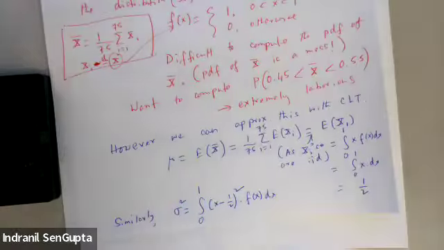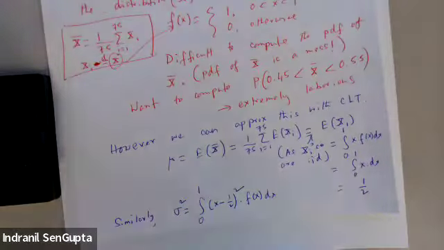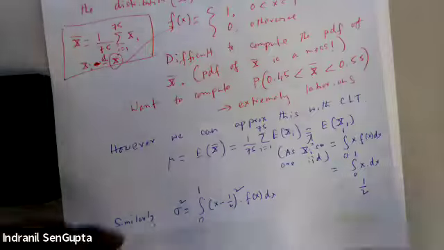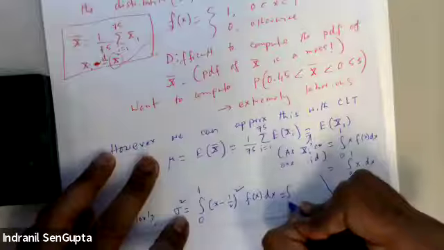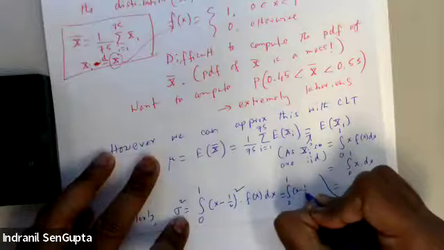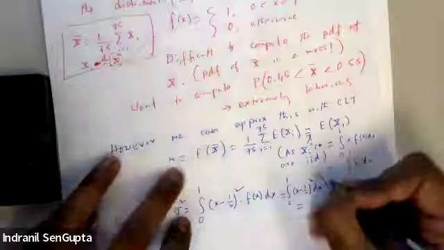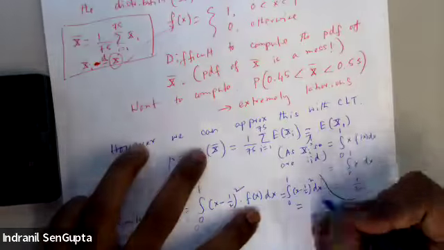That is how we compute the variance. Here f(x) is also 1, so this is the integral from 0 to 1 of (x minus 1/2) squared dx. If you compute that, it is going to be 1 over 12.